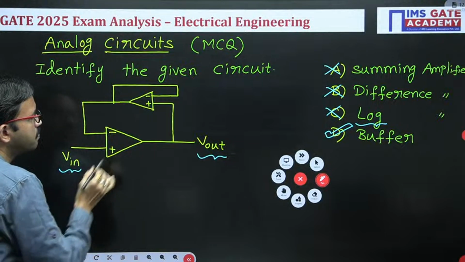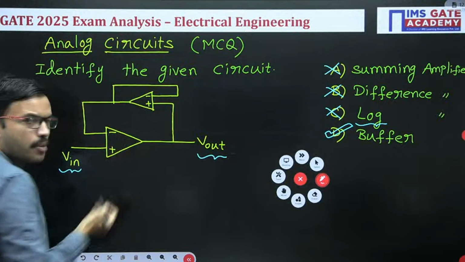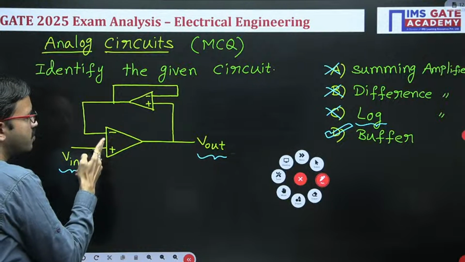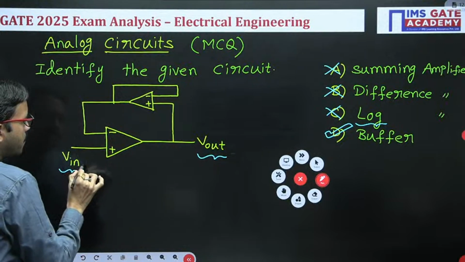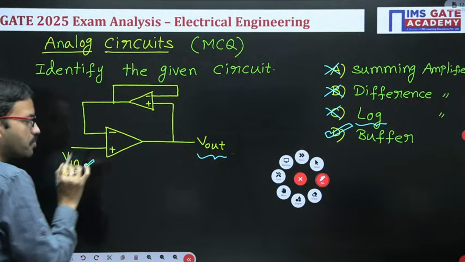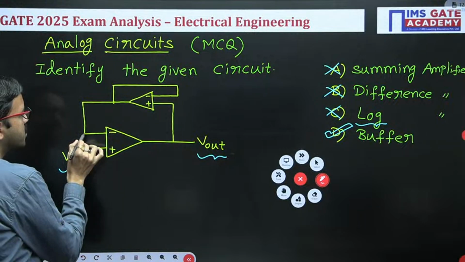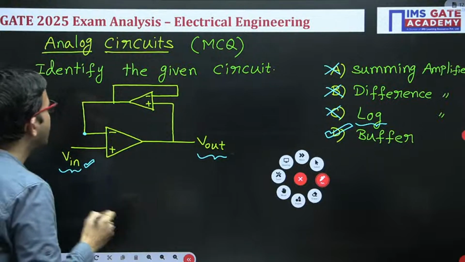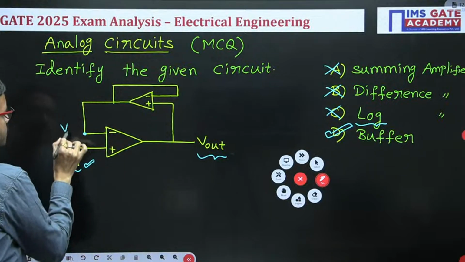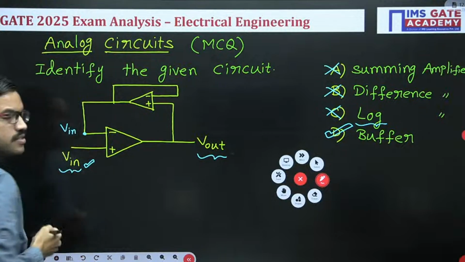See, it is very simple. Just observe here for this op amp. You're having 2 inputs, one is positive terminal, another one is negative terminal. Whatever voltage you're having at the positive terminal, the same voltage you are getting at the negative terminal or inverting terminal. Yes or no? That is the first observation, correct?